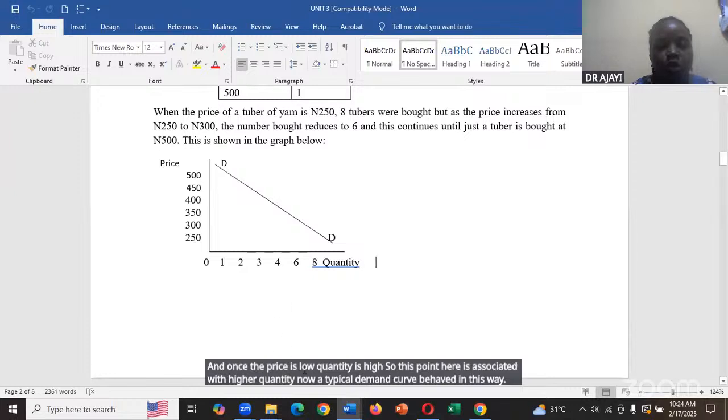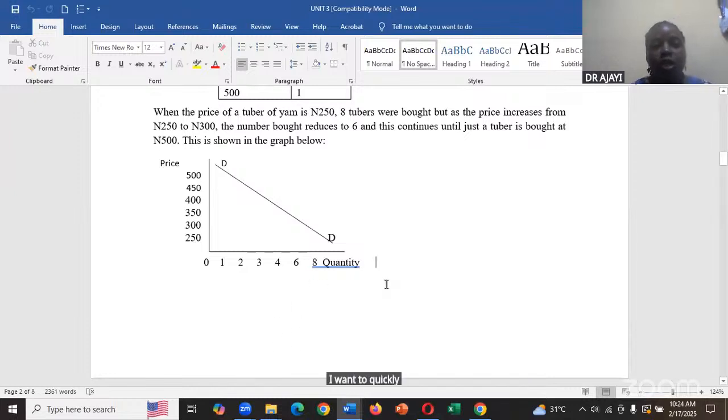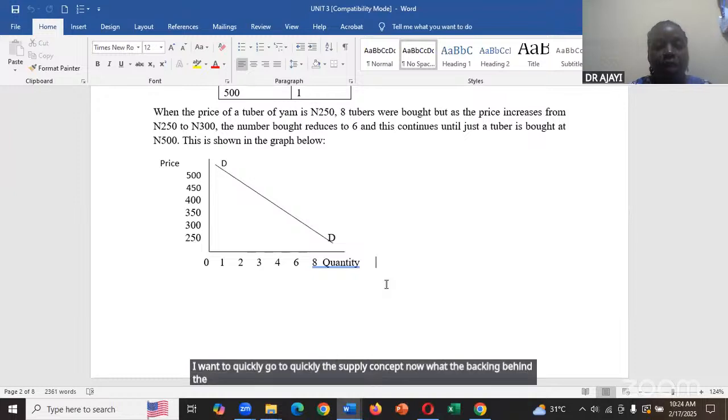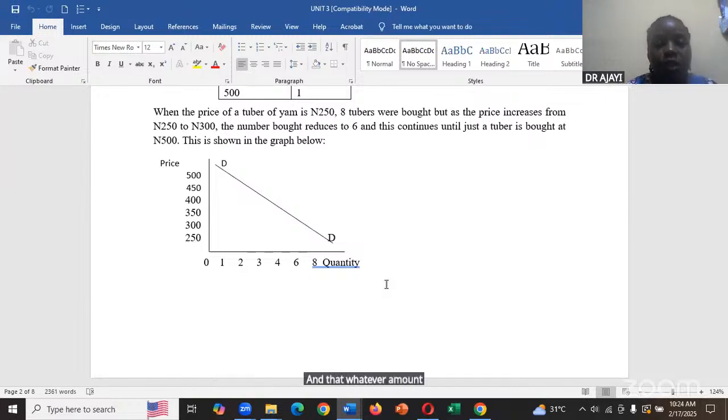I will want to quickly go to the supply concept. Now, the backing behind the first law of demand is that it is expected that people are logical, and that whatever amount of money you have at your disposal, you consider how much of the commodities in front of you you can buy.